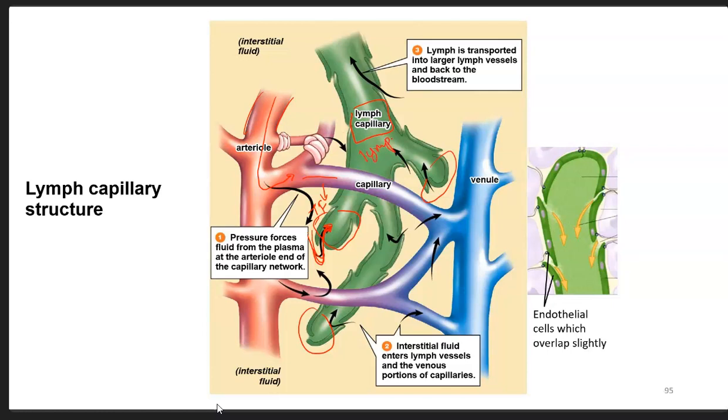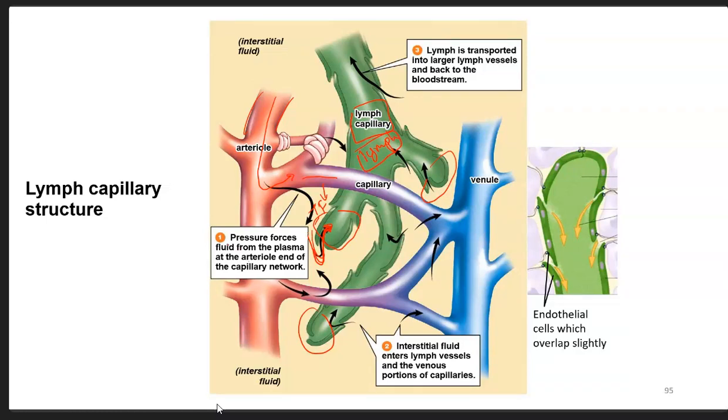Originally, this excessive fluid was interstitial fluid that left the bloodstream due to what? High blood pressure from the arterial end. So this fluid will enter into the lymphatic capillaries and become lymph.